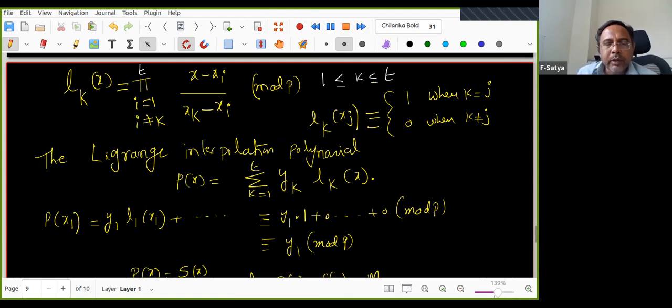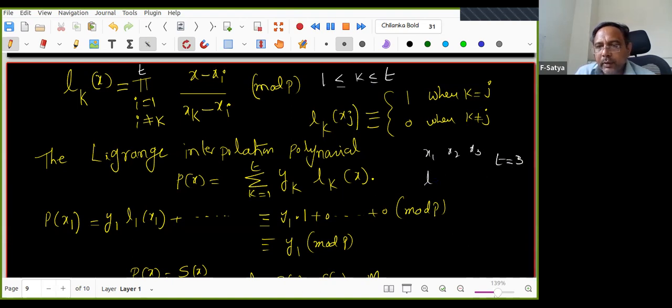Right? So now what happens when I substitute into Lk of xj, when k equal to j? Let us work out a small example. We have x1, x2, x3, that means t is equal to 3.